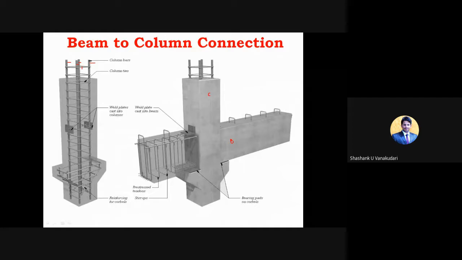These plates they provide at the part where exactly this beam will come and join. This is the weld plate cast into the beam, and here where exactly the column will come and fix, no? During that, they provide these weld plates for the column connection.